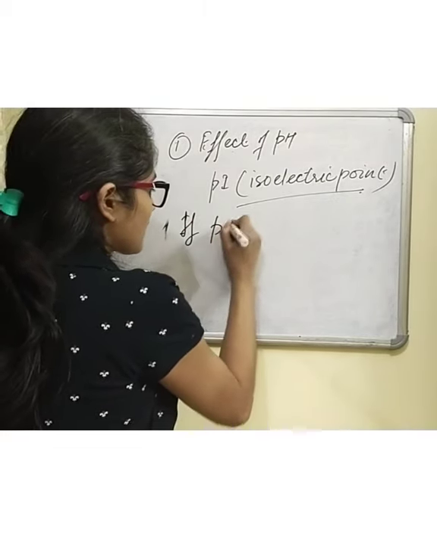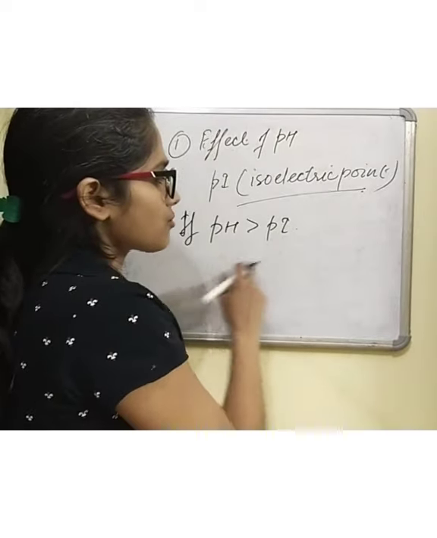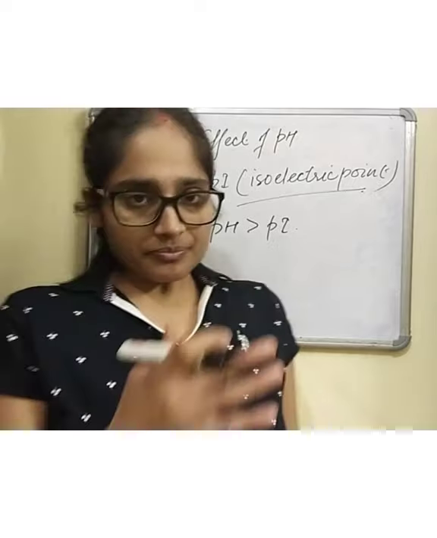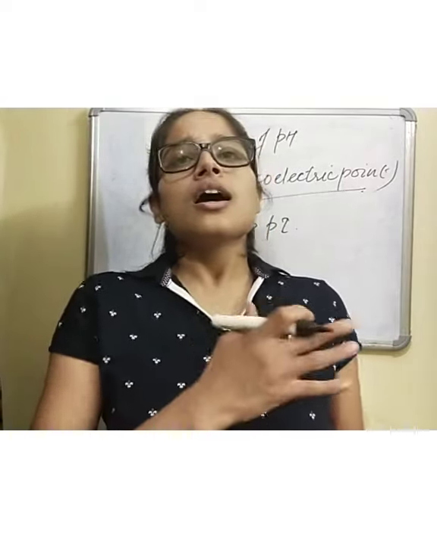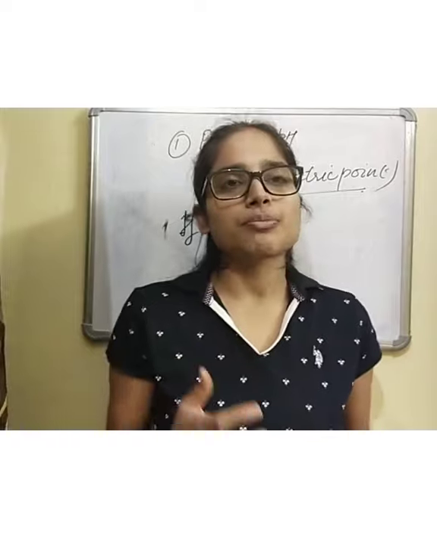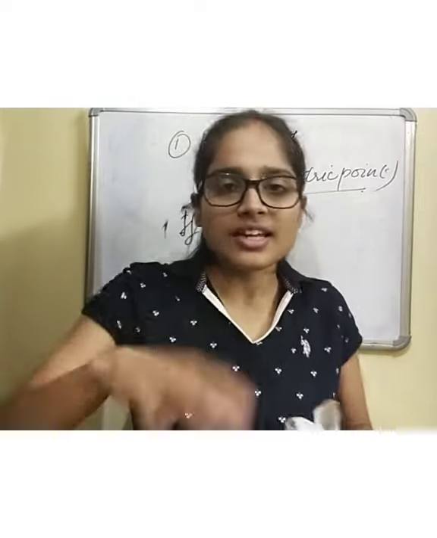If the pH of the solution is greater than the isoelectric point, then what happens? The surface of the protein molecule is predominantly of the hydrophilic residues, while the interior core is of the hydrophobic ones.